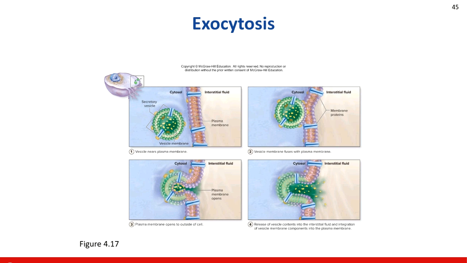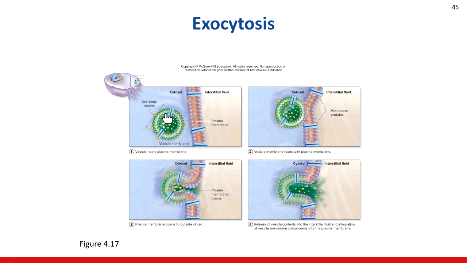Well, it needs a way to get those packages to the plasma membrane, much like you need a way to get packages to your house. You have a delivery vehicle, UPS, FedEx, whatever, that will bring it to your house. Well, your cell has come up with its own delivery vehicle, and that's what we call a secretory vesicle.